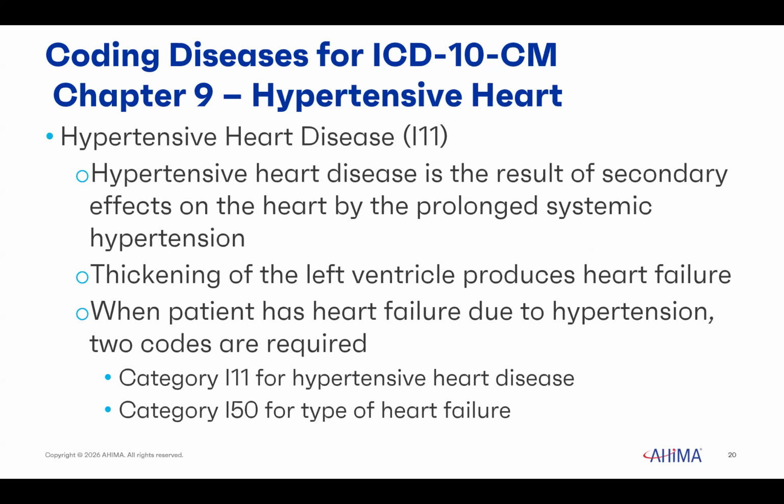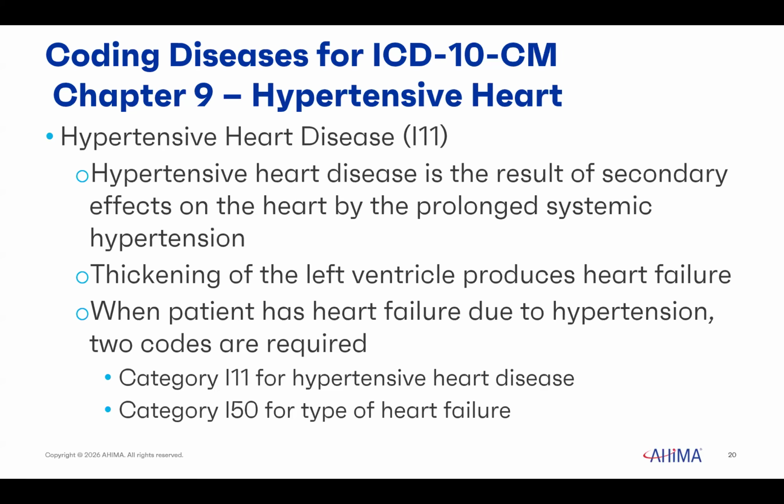Hypertensive heart disease is I-11. Hypertensive heart disease is the result of secondary effects on the heart by prolonged systemic hypertension. This results in thickening of the left ventricle and ultimately produces heart failure. When the patient has heart failure due to hypertension, two codes are required.